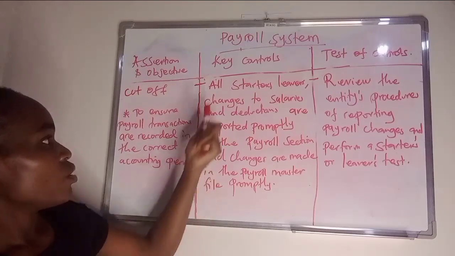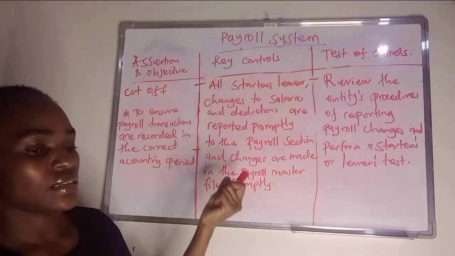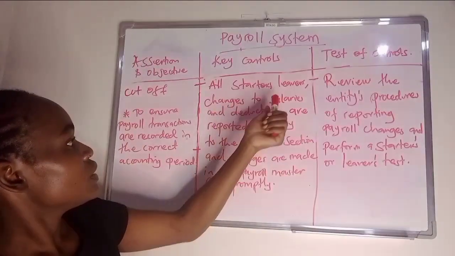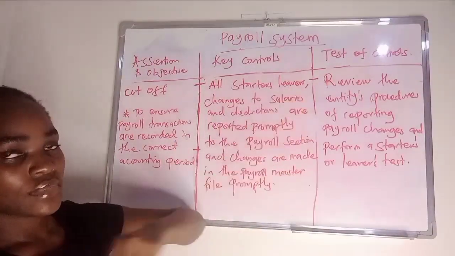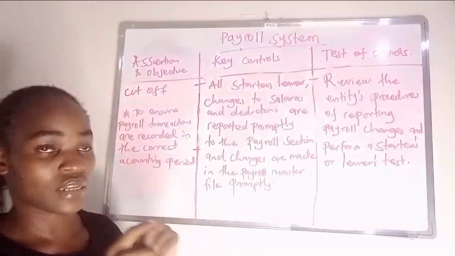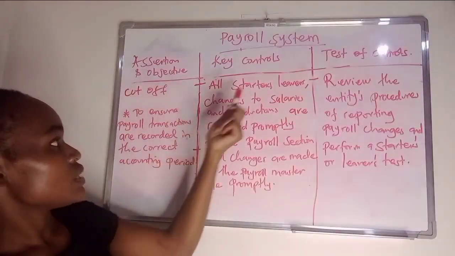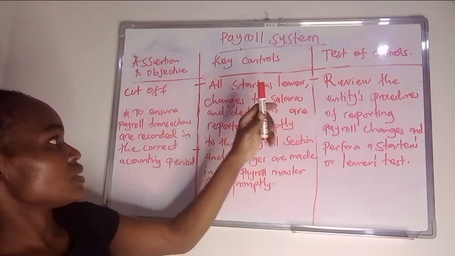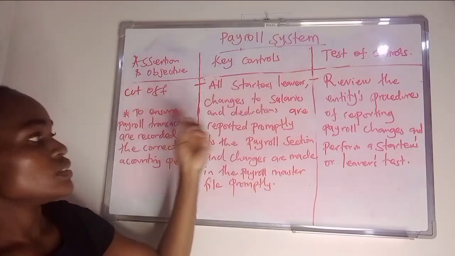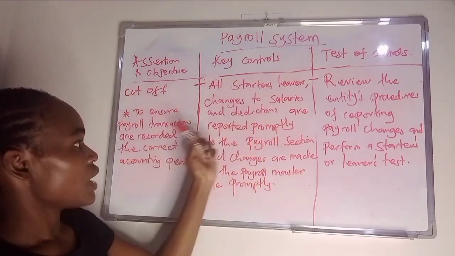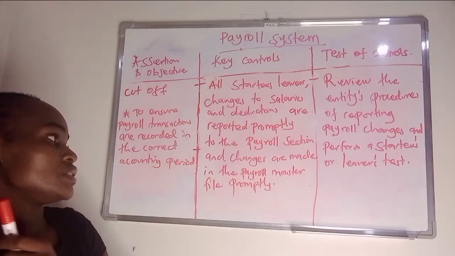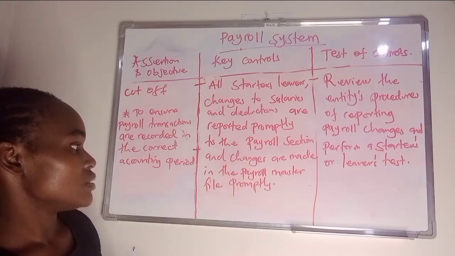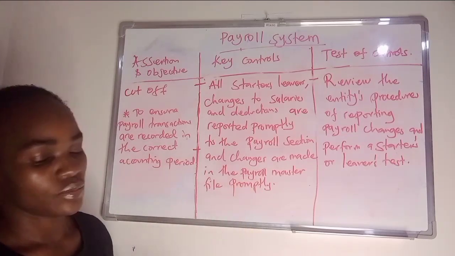All starters, those that are just entering the organization, leavers, those that have left the organization, changes to salaries, and deductions are reported promptly to the payroll section, and then changes are made in the payroll master file promptly.